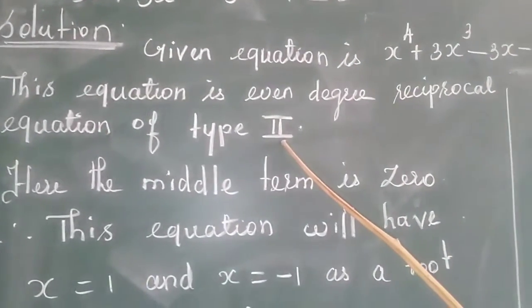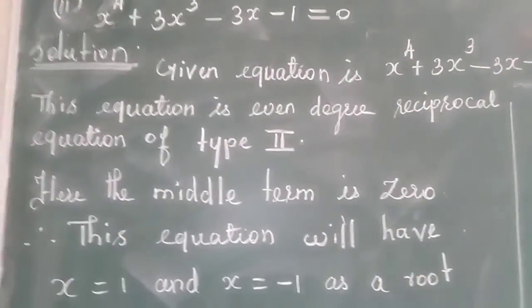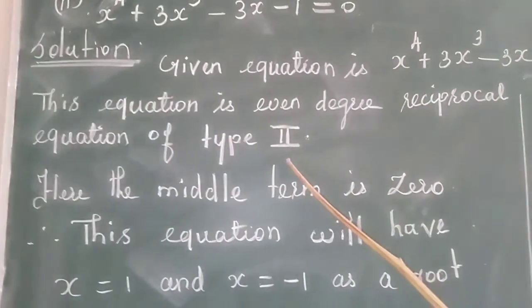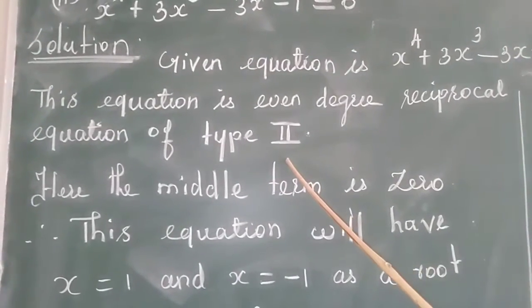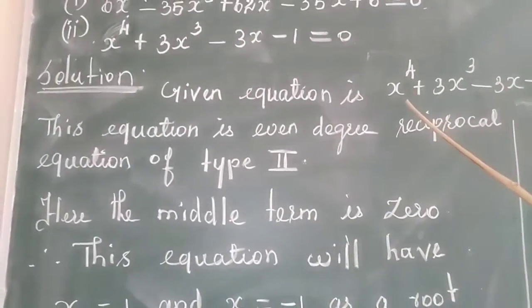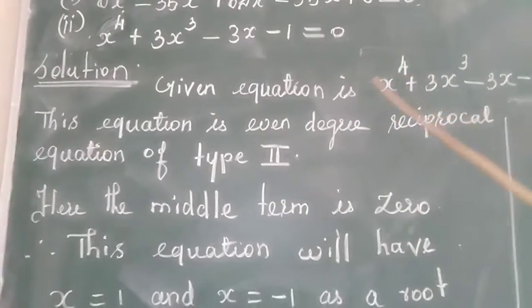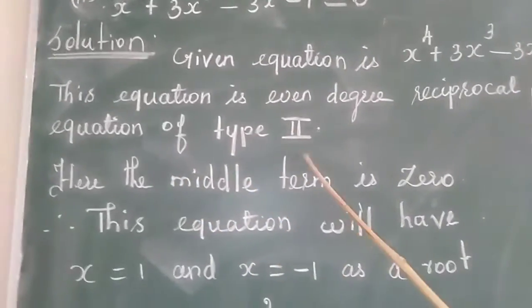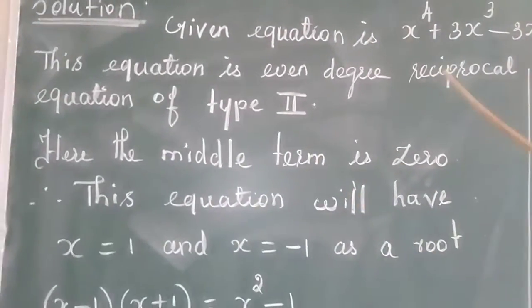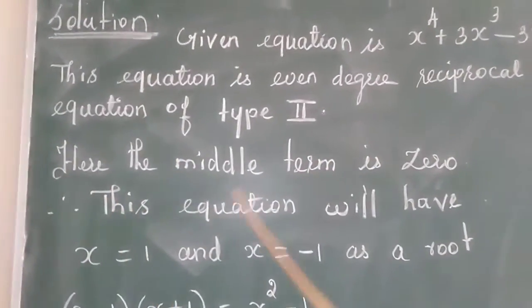As I mentioned earlier, if the signs are different, that is a second type reciprocal equation. And also the highest degree is 4, so we say it is an even degree reciprocal equation of type 2. As I mentioned, the middle term is 0.